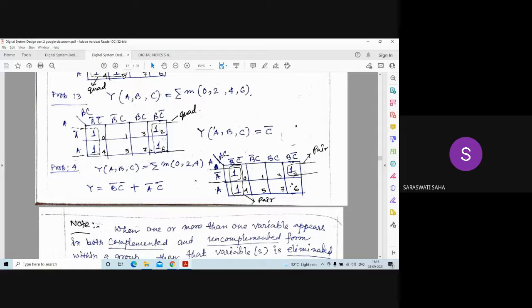If we fold this part, then you can see that these two cells and these two cells are adjacent. So in this way, these two ones and these two ones form a quad, and mark it in this way.